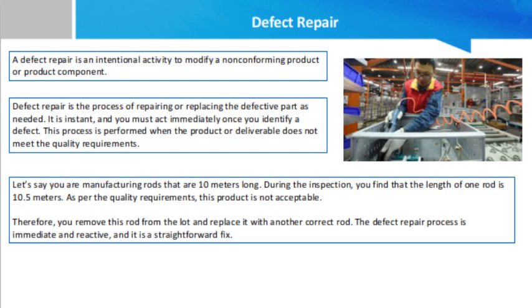The process is performed when the product or a deliverable does not meet the quality requirements. For example, during an inspection, you find a discrepancy in the deliverable and the deliverable is not conforming to the requirement. A defect is also known as a fault, error, deficiency, or imperfection.